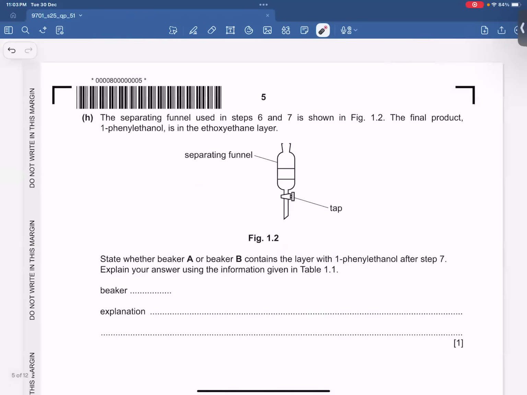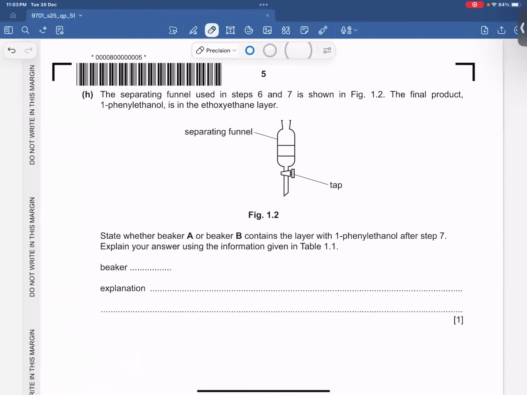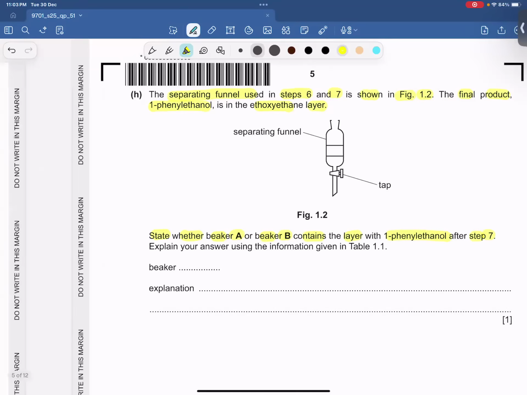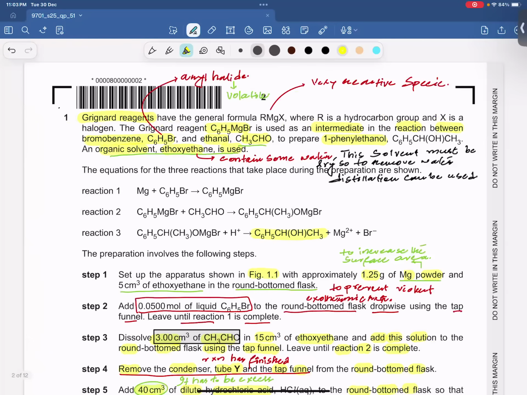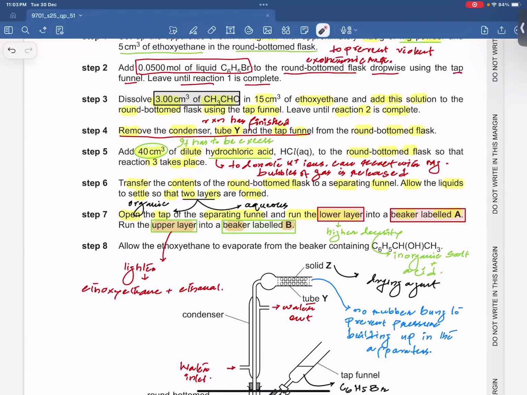The separating funnel used in step 6 and 7 as shown in figure 1.2, the final product 1-phenylethanol is in the ethoxyethane layer. So 1-phenylethanol and ethoxyethane. State whether beaker A or beaker B contains the layer with 1-phenylethanol after step 7. Let's go back to the information.